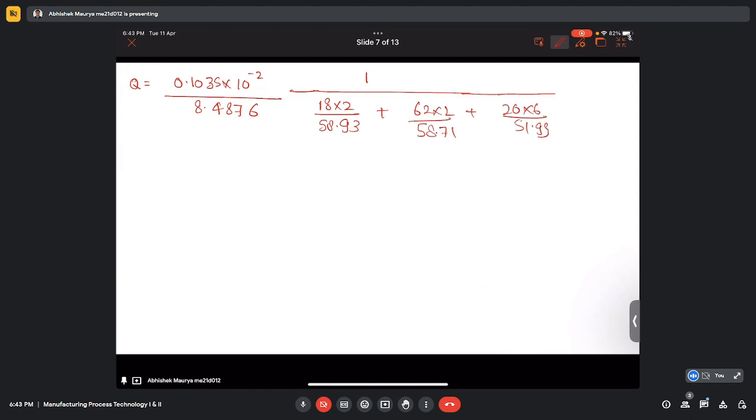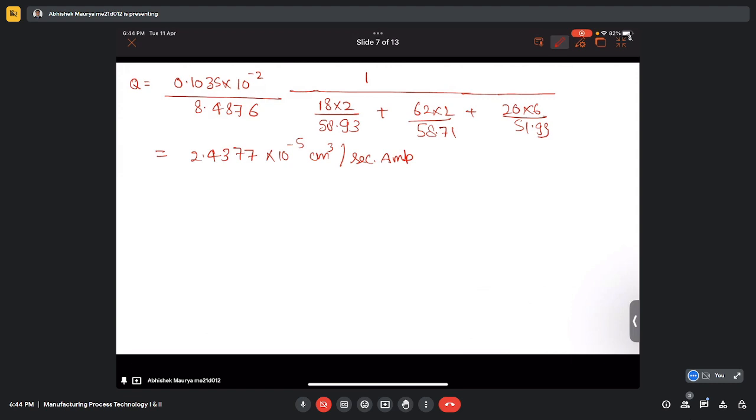And after solving this, what will we get? 2.4377 into 10 to the power minus 5 centimeter cube per second per unit current, that is ampere.